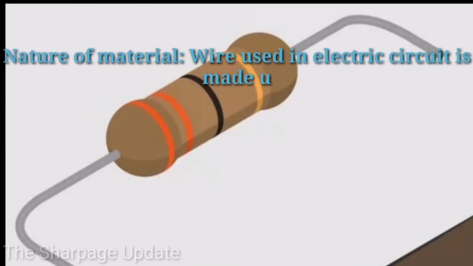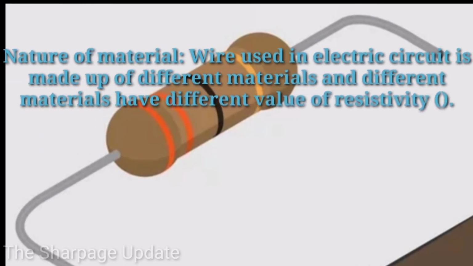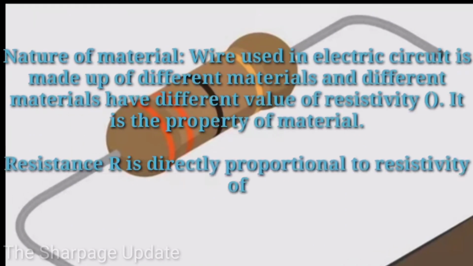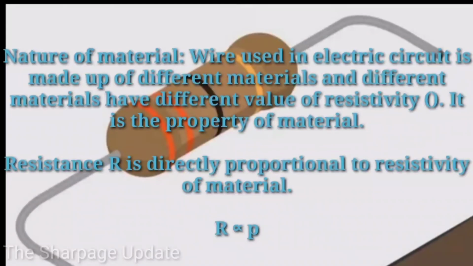And the next factor is nature of material. Wire used in an electric circuit is made up of different materials, and different materials have different values of resistivity. It is the property of the material.